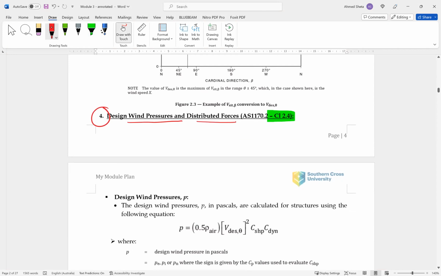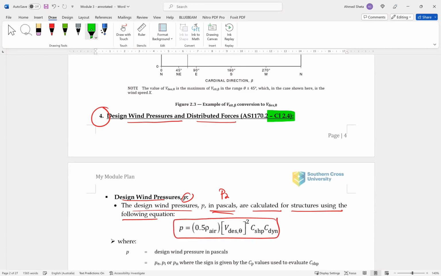So the design wind pressure p, in Pascal, is calculated for a structure using the following equation. So this is the equation to calculate the pressure, or the design wind pressure, and the value will be in Pascal.